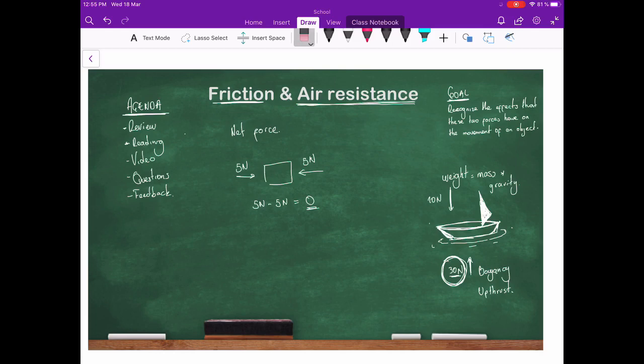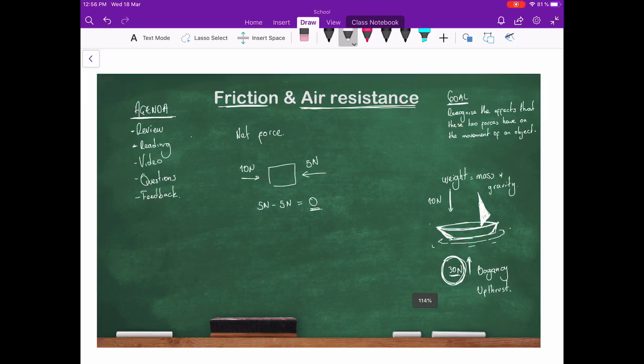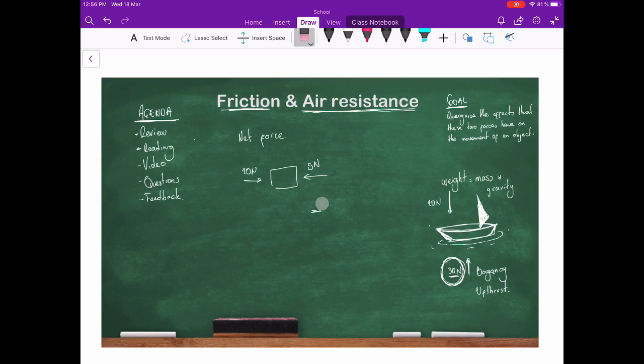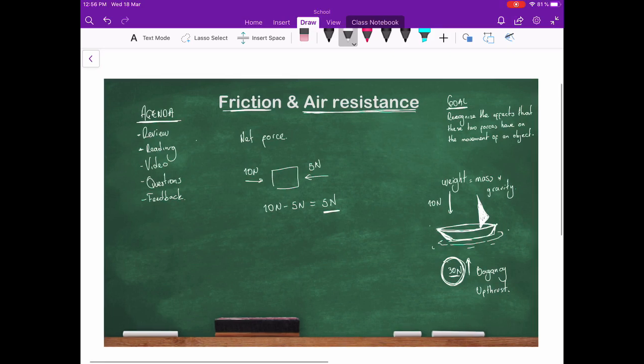In another case, we can have 10 newtons and 5 newtons acting on the object. In this case, we have 10 newtons minus 5 newtons, and the net force would be 5 newtons. Since the net force is different to 0, there is going to be a movement.